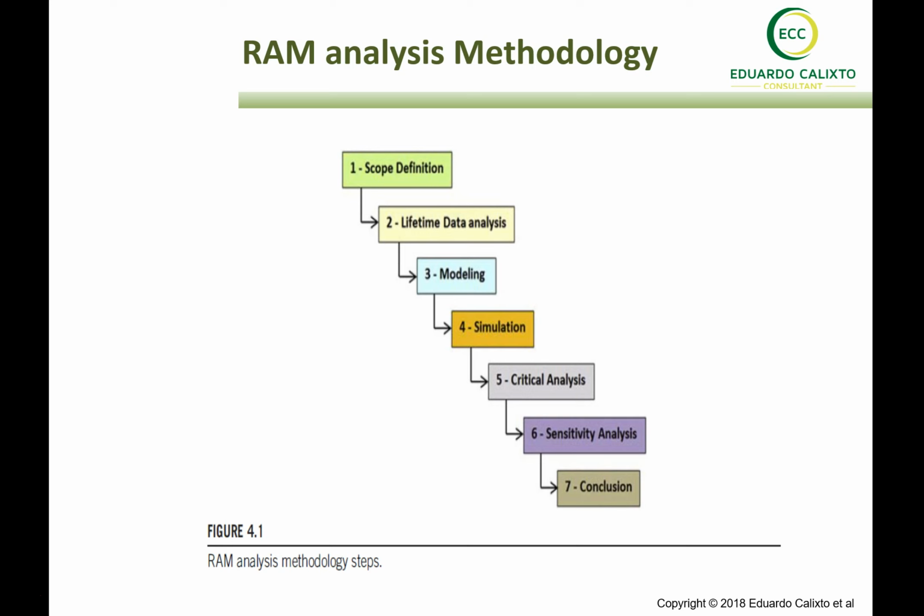Okay, modeling is the best part of the RAM analysis in terms of enjoying the analysis, because it is the time that you start to model your system in a reliability block diagram or in an FTA, but mostly in block diagrams. And of course you enjoy that.